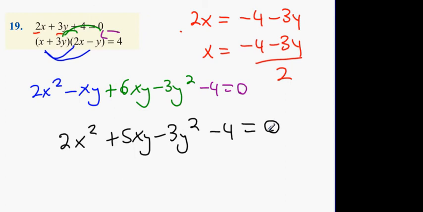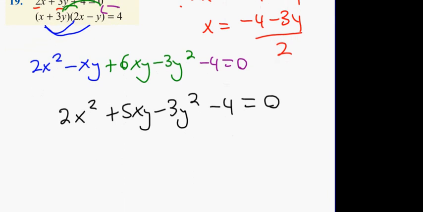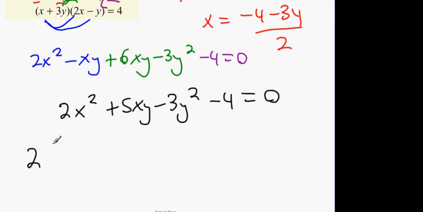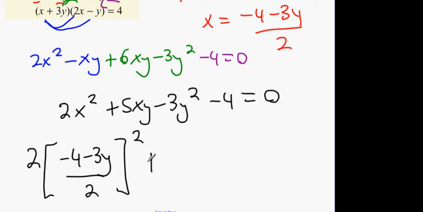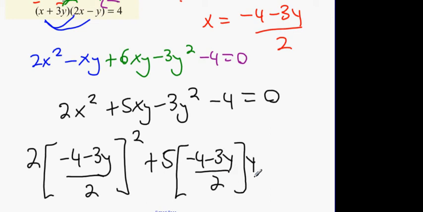Now I'm at the stage where I can start subbing in. Anywhere I see x, it's going to be 2 times minus 4 minus 3y all over 2, squared, plus 5 times minus 4 minus 3y over 2 times y, minus 3y squared minus 4 equals 0.